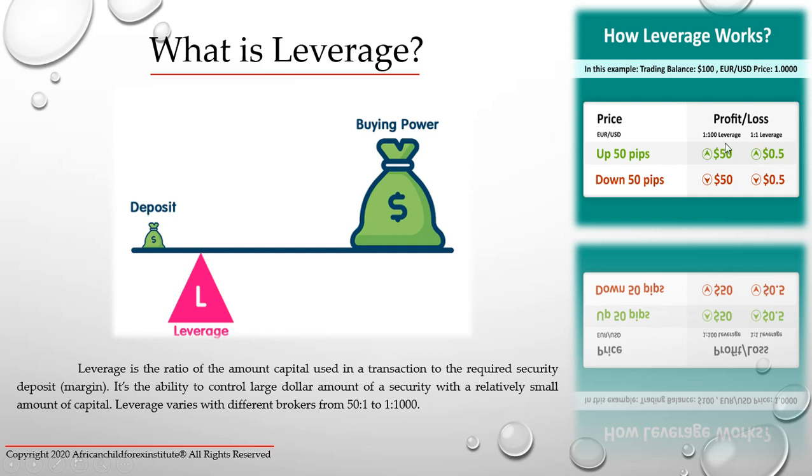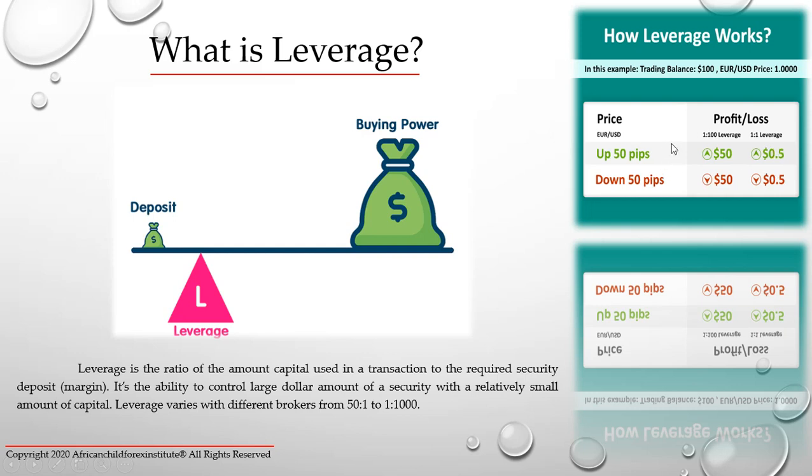Let's say you have about a $100 trading balance with a leverage of 1:100, and the currency moves 50 pips in your direction, then you would have made $50. You'll be so happy. But if you're using 1:1 leverage, you would have only made about 50 cents.